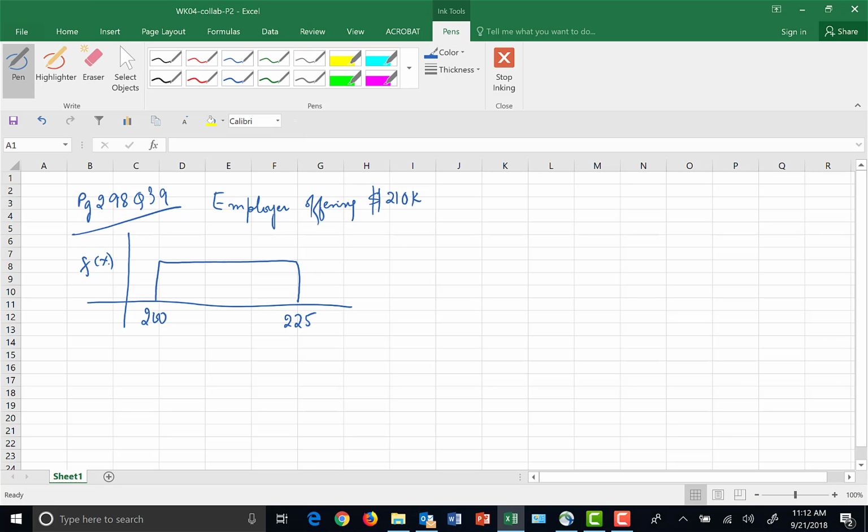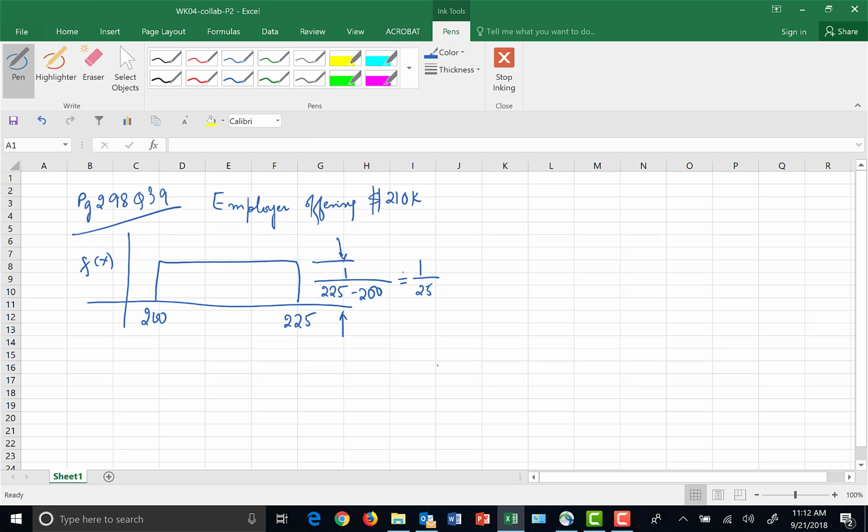To complete the picture, I would have to identify the height of the uniform distribution, and that would be 1 divided by (225 minus 200), or 1 divided by 25. That would be the height of the probability density function, because the area of the whole curve is 1. We know that from the laws of probability.